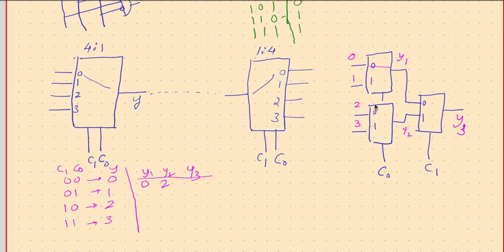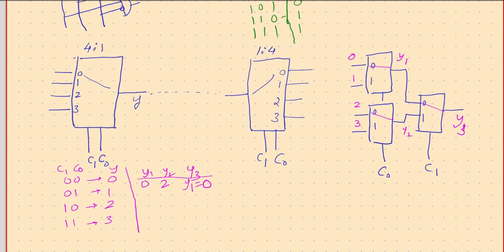So this is 0 connected here, and if you look from Y3, it goes to Y1, and Y1 says it is 0. Therefore for 0 0 the connection is 0.